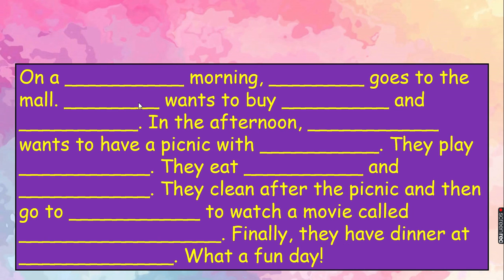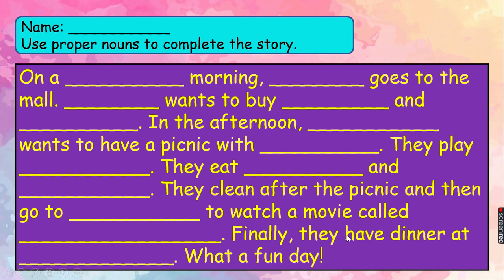In the afternoon, blank wants to have a picnic with blank. They play blank. They eat blank and blank. They clean up after the picnic and then go to blank to watch a movie called blank. Finally, they have dinner at blank. What a fun day! So, that is our simple story about a fun day.